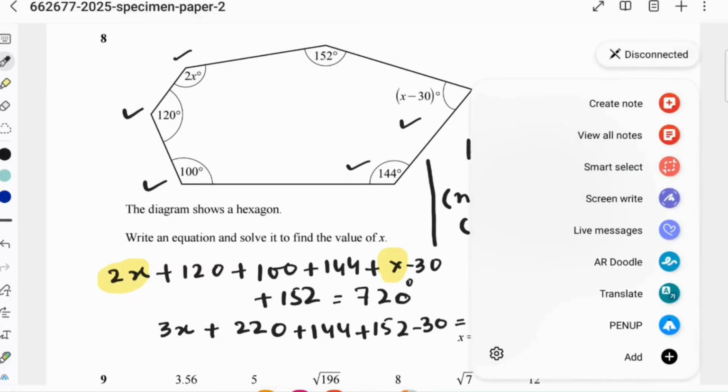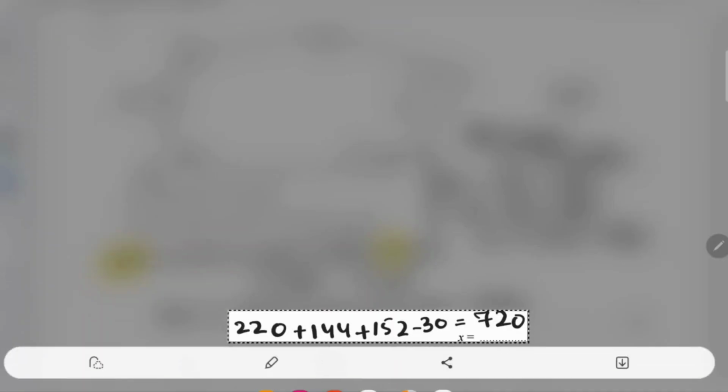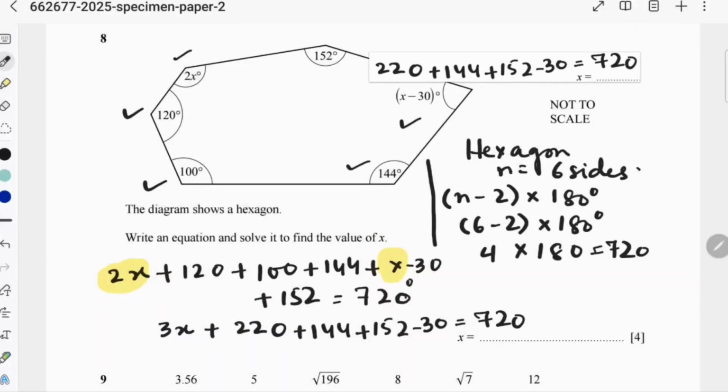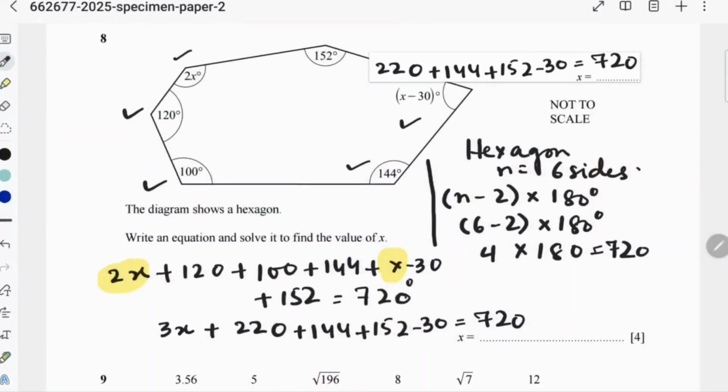So we'll find the addition of these numbers and then subtract from 720. We are using the calculator here. So this is 220 plus 144 plus 152 minus 30. It's becoming 486.